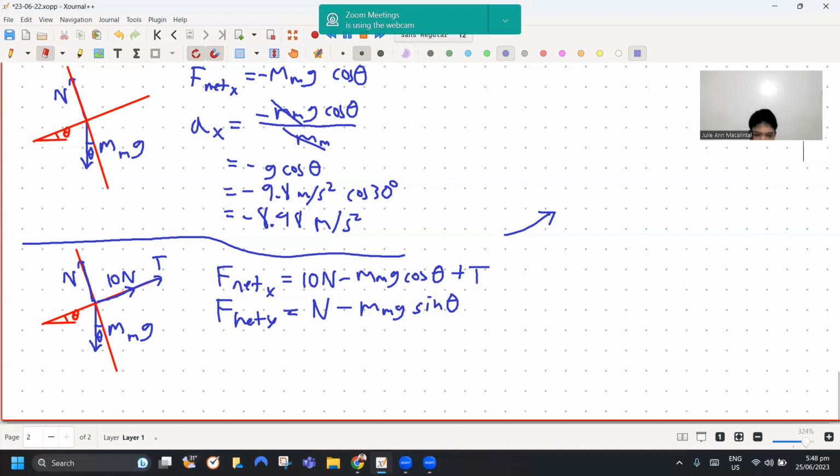No. So condition yan. Mass times acceleration along x is 0. So F net along x should be 0. Yung physical situation dictates na that whole thing is 0. And then from there, you should be able to solve for the tension.